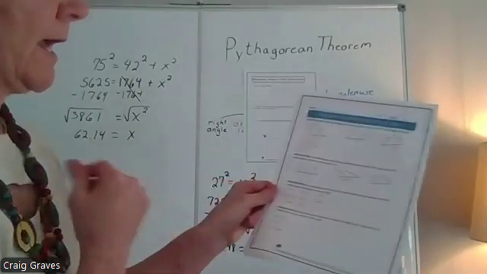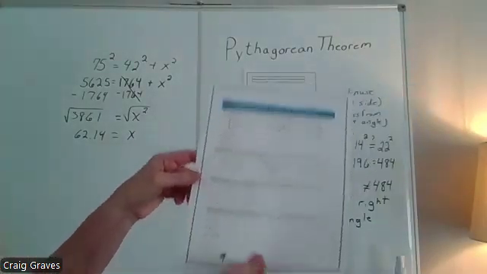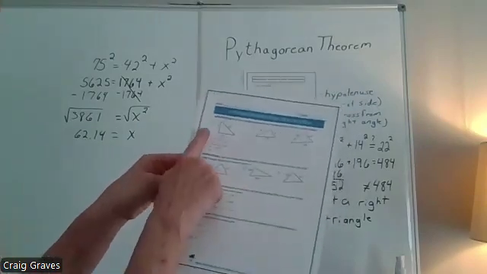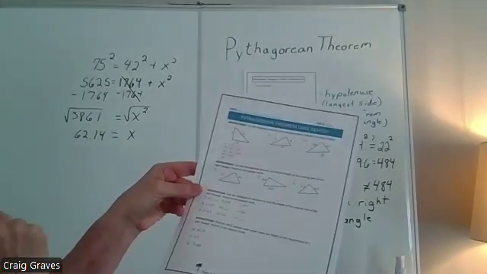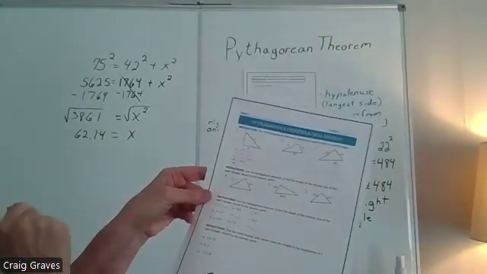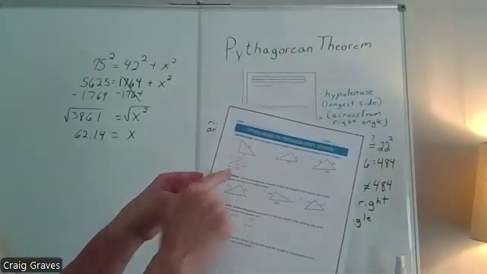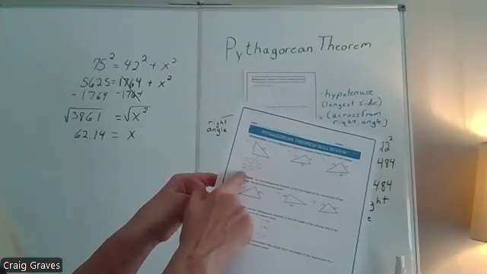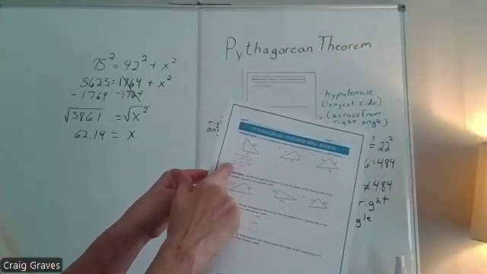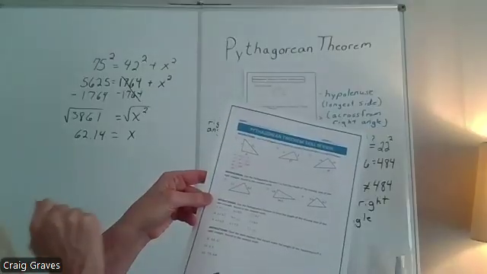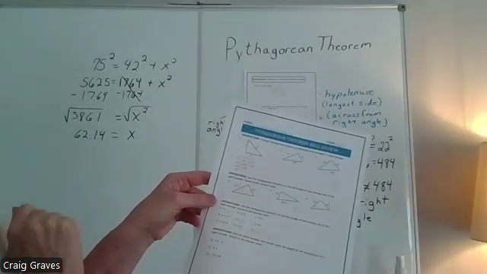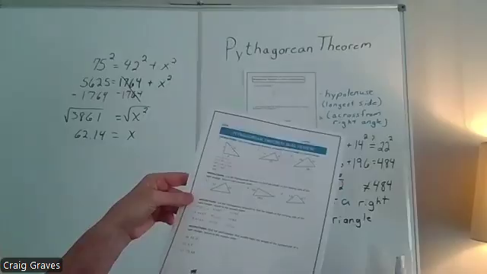And then your last page is just a mix of things. So the first 3 are testing to see if they are right triangles. So it gives you all 3 sides. You're testing the Pythagorean theorem. We've done the first one here for you, and it did not come out to be a true statement. So this one is not a right triangle. So you'll test those other ones.